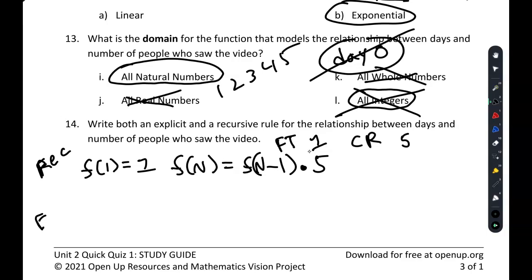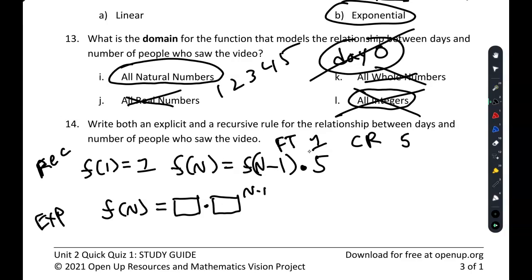And the next is explicit. That's going to be f of n is equal to, and we're going to use the explicit formula, which is the first term times the common ratio raised to the n minus 1.